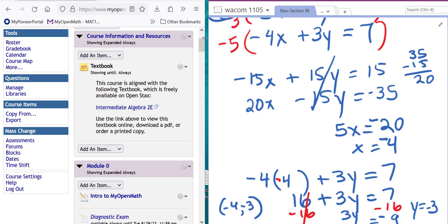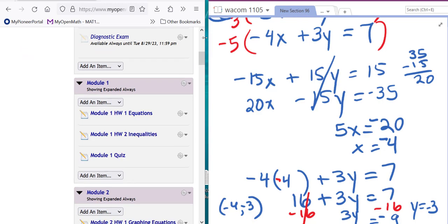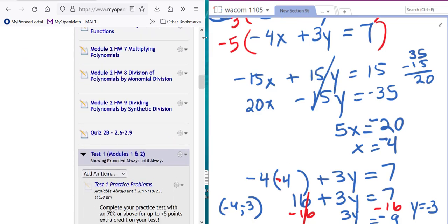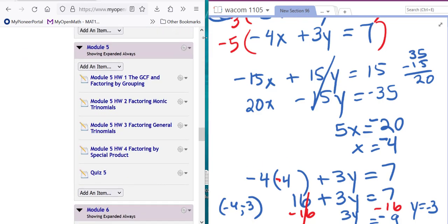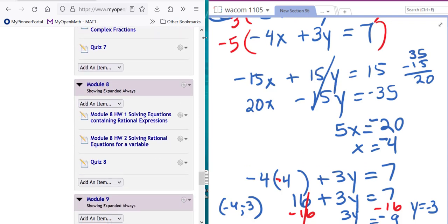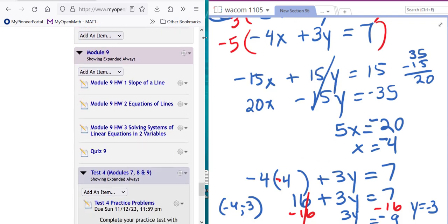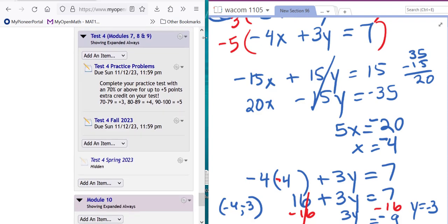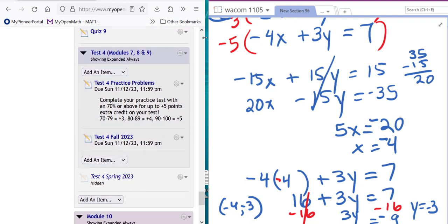Oh, it's not going to show on mine because I went through. So you go through My Open Math, and it is module 9 under test 4, and then it will be the test 4 practice problems. So module 9, test 4 practice.